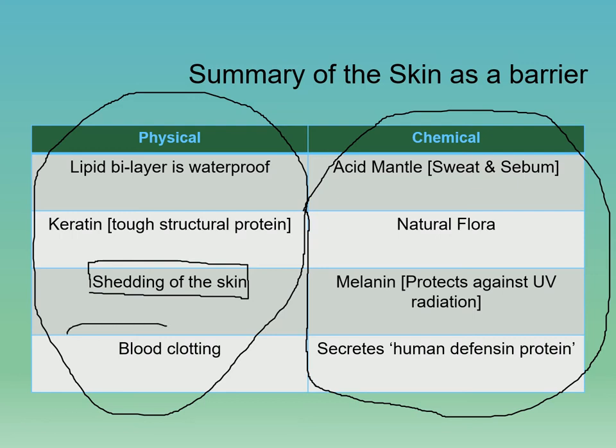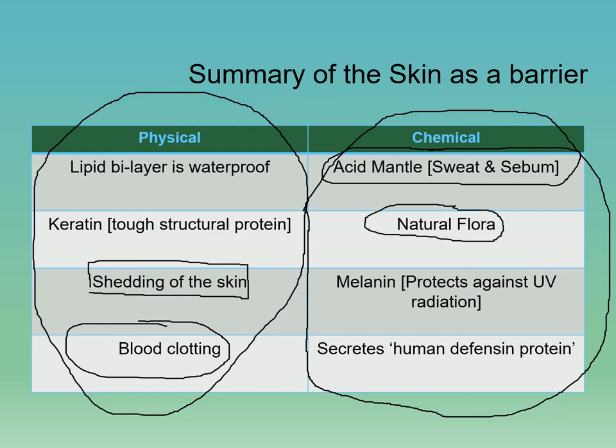We're able to clot the blood. We're able to clot the skin with blood clots and therefore help to repair. In terms of chemicals, we've got an acid mantle, so the skin is usually slightly acidic. And any pathogens have to compete with natural flora on our bodies. You know, there's almost as many bacteria as there are our own cells on our body, which will completely freak out a lot of the germaphobes.